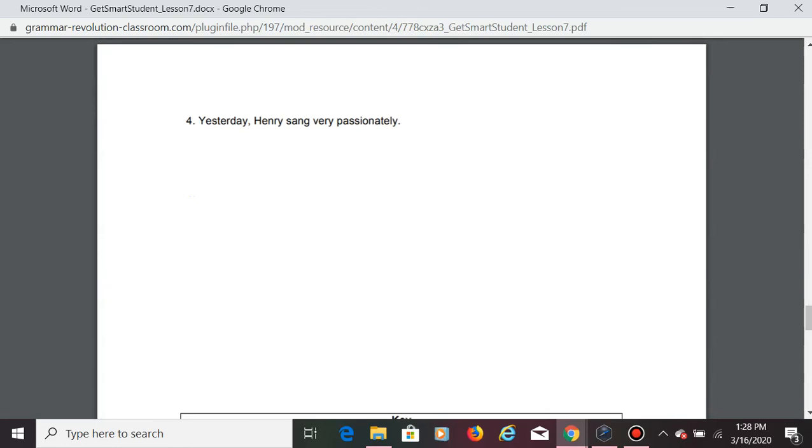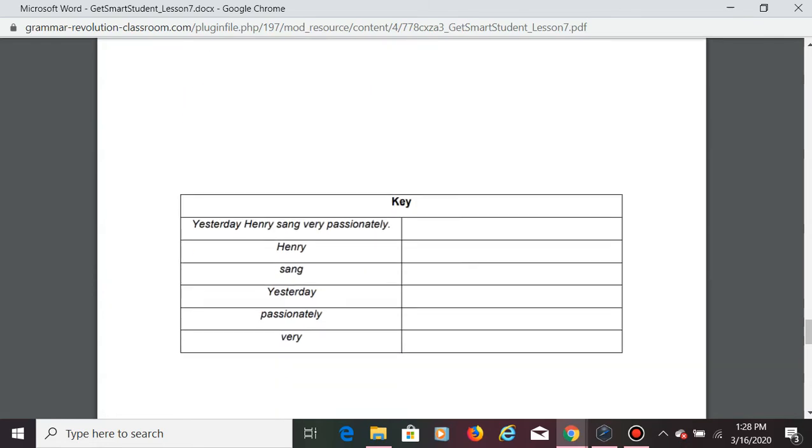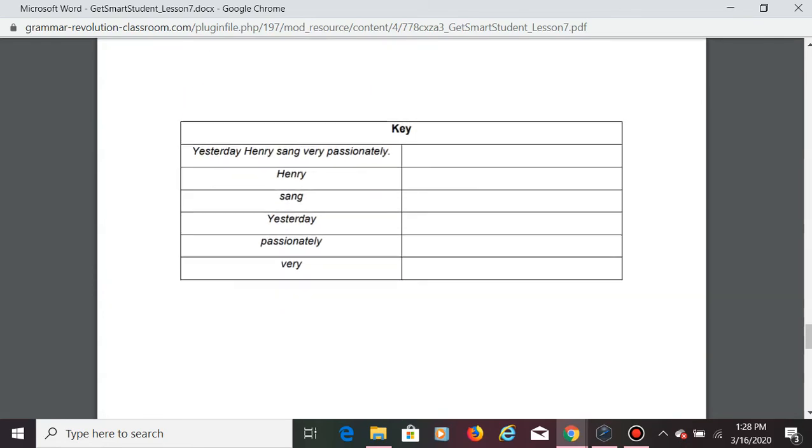Coming to number 4. Yesterday, Henry sang very passionately. Pause the video, write out the sentence. Then we'll come down here again, pause the video, make your little word bank or your box of words, whatever you want to call it. Or just write it 1, 2, 3, 4, 5, 6, however you want to organize it.